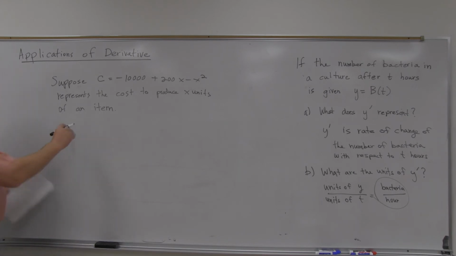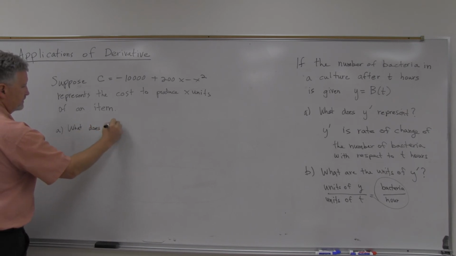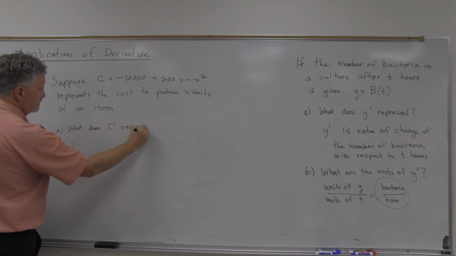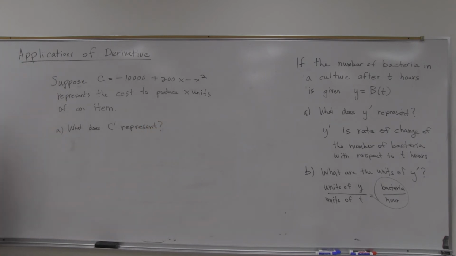All right, so let's go through the same two, and I'll add another one because they'll ask it a little differently sometimes too. A, what does C prime represent here? Well, what I'm trying to hammer home here is the derivative represents a rate of change.